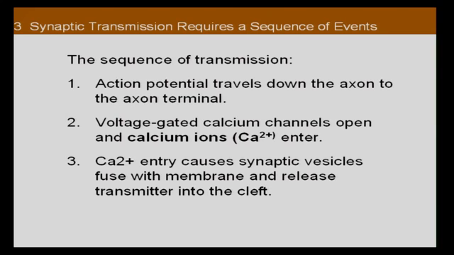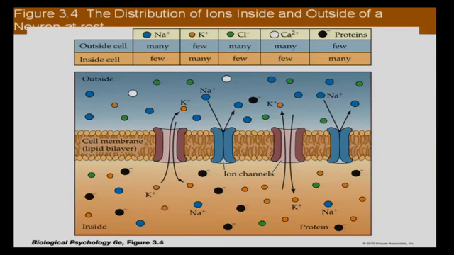What happens there is there's yet another special voltage-gated ion channel. This special voltage-gated ion channel is the voltage-gated calcium channel. It opens, and calcium ions enter the presynaptic terminal. Why?